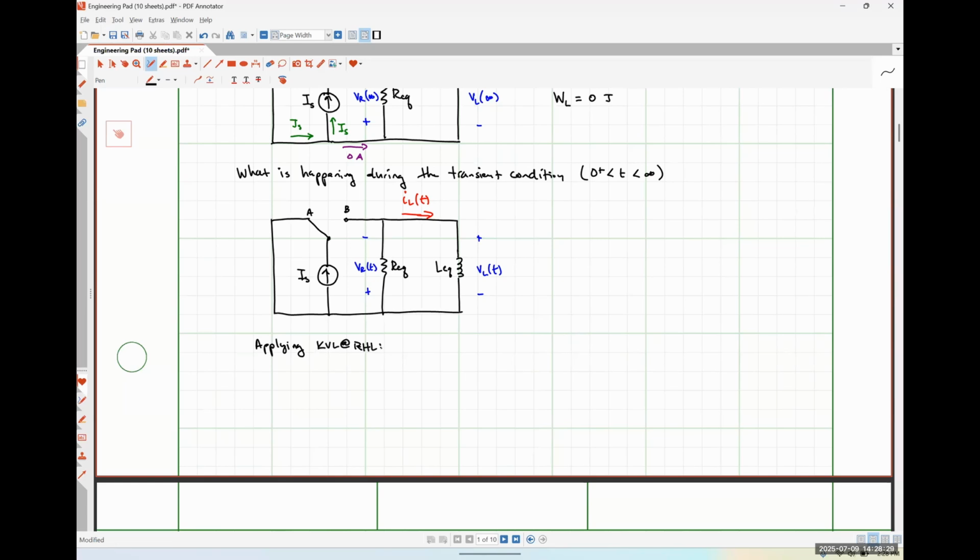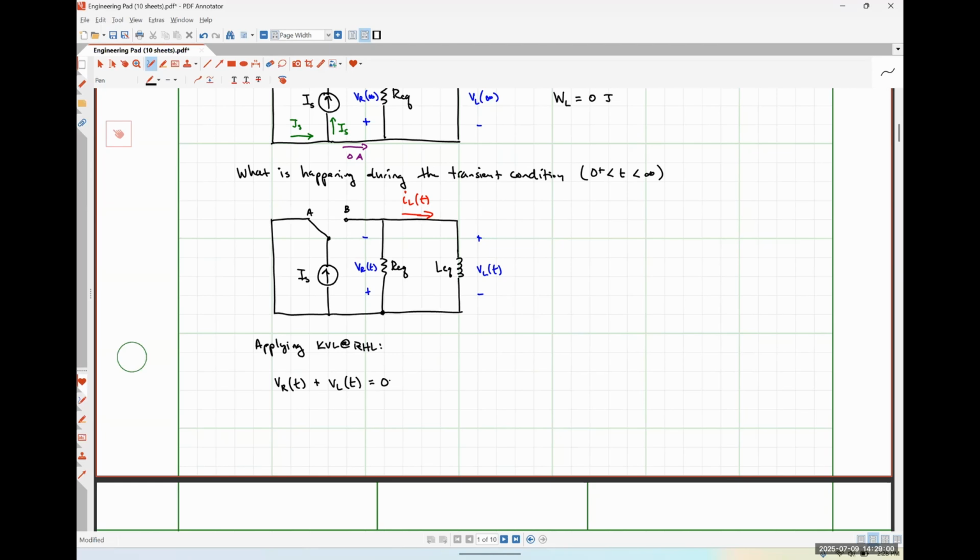And so what we would see, starting from the bottom left-hand corner of our RL network, we would have VR of t plus VL of t is equal to zero. So Kirchhoff's voltage law is satisfied. The sum of the voltage drops around this closed loop is equal to zero. Nothing wild or crazy happening here.